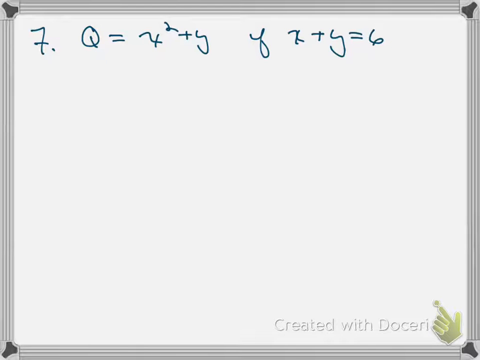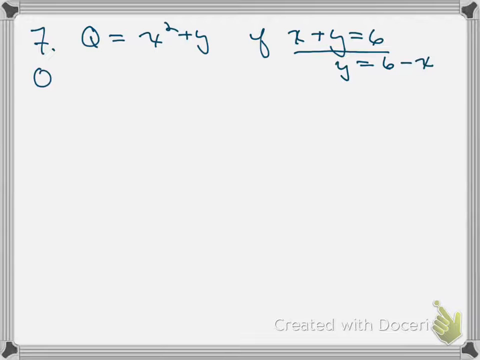To find the minimum, I'm going to do the same thing that I did to find the maximum. I'm going to take the first derivative and then set it equal to 0 to get my critical values, and then test it to see whether I get a max or a min. So once again, I have a constraint right here, and I'm going to solve for my y. So y equals 6 minus x.